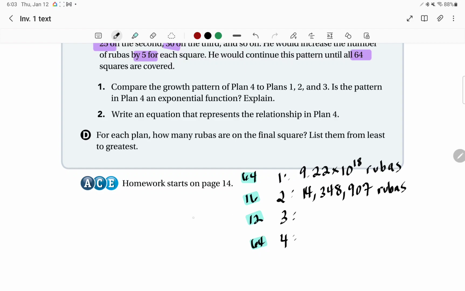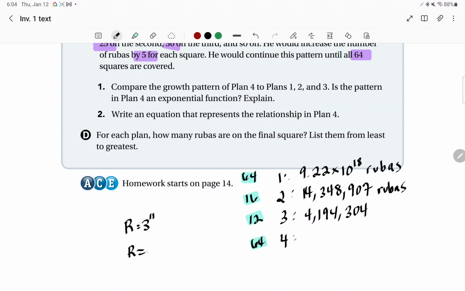And then on this one, if there were 12, right, and you place 3, that's your growth factor. And there's only 12, so it'd be 12 minus 1. So if you do 3 to the 11th, that would give us 4 million. So we're still in the millions, 194,304.